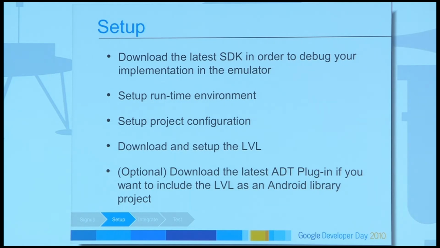And there's an optional step: if you want to use this new service as an Android library project, which is a new project type we introduced recently, you have to download the latest ADT plugin in order to use that. I'm going to go into more details now.